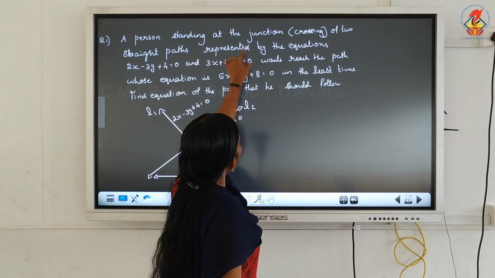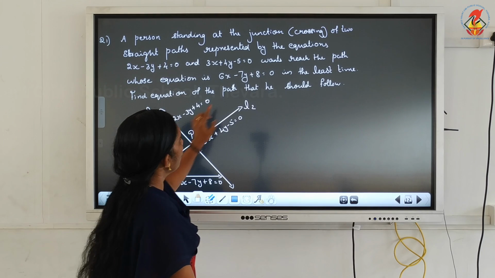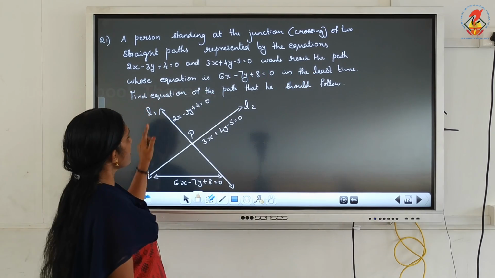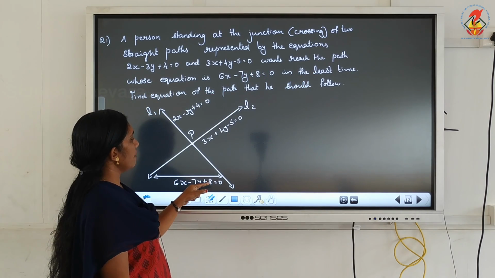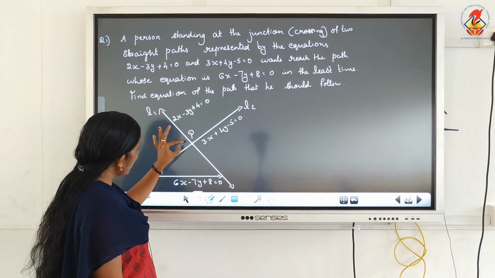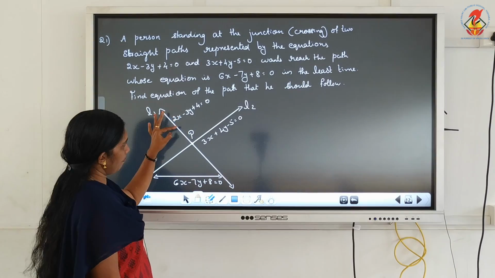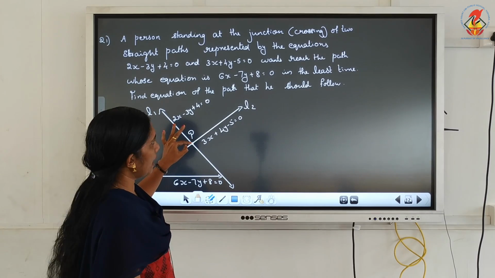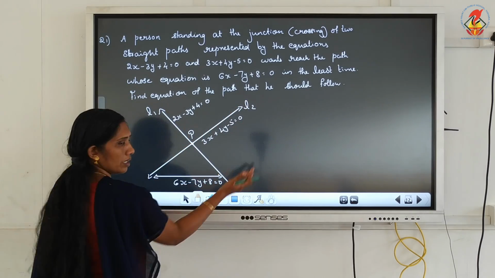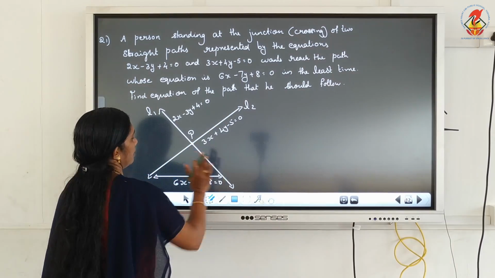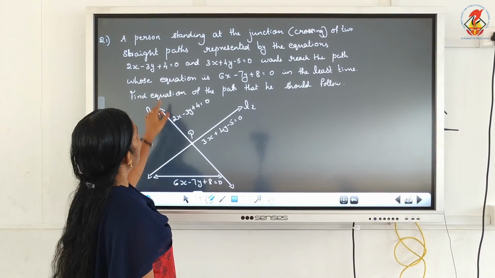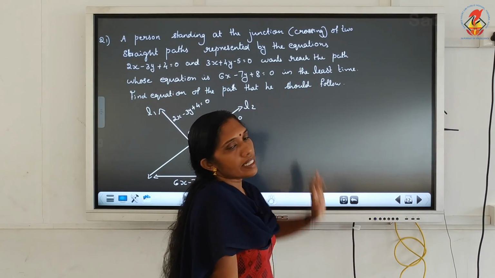Then a person standing at the junction wants to reach the path whose equation is 6x minus 7y plus 8 is equal to 0. A person is standing at this point P and he wants to reach another path. Somewhere, it's a rough figure, somewhere this path. Then reach the path in the least time.